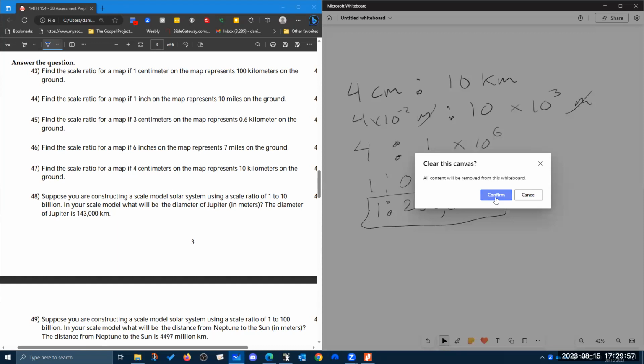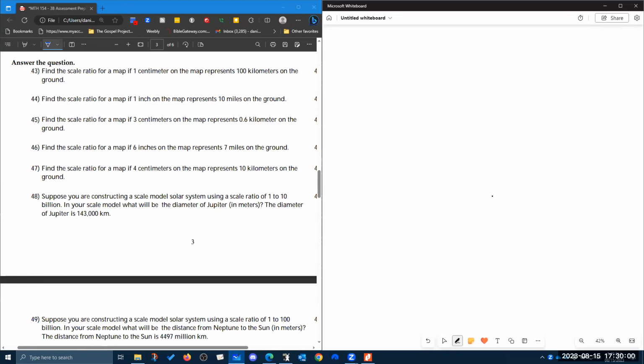Suppose you are constructing a scale model of the solar system using the scale ratio of 1 to 10 billion. In your scale model, what will be the diameter of Jupiter in meters if Jupiter is 143,000 kilometers?